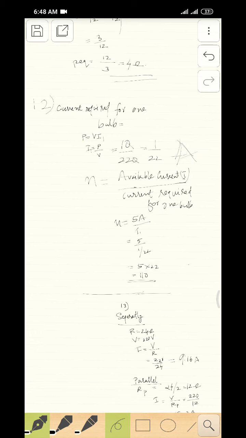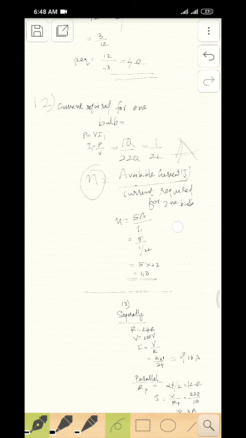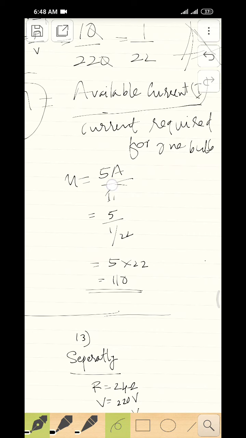So you can define the number N as the available net current divided by the current required for one bulb, I1. That is 5 ampere divided by 1 by 22, that is 5 into 22, that is 110. So a total of 110 bulbs you can connect in such a circuit.